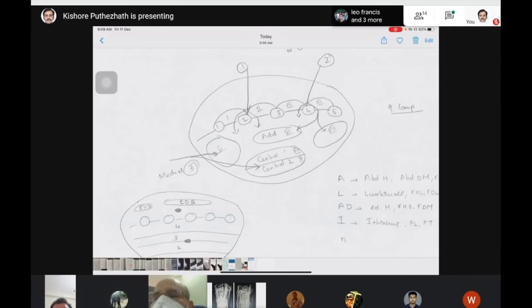A means abductor hallucis, abductor digiti minimi, and then L means lumbricals. You have got FHL and FDL. AD means adductor hallucis. Then you have got FHL, FHB, and FDM. But the main thing is I means interossei.